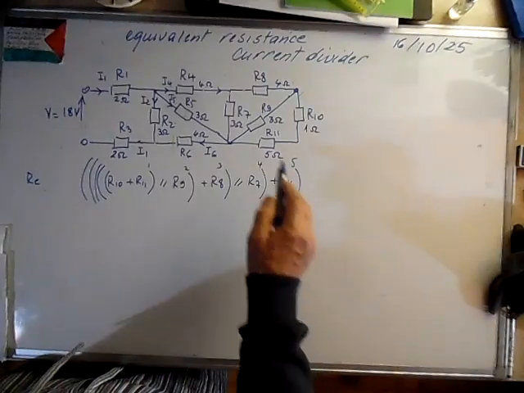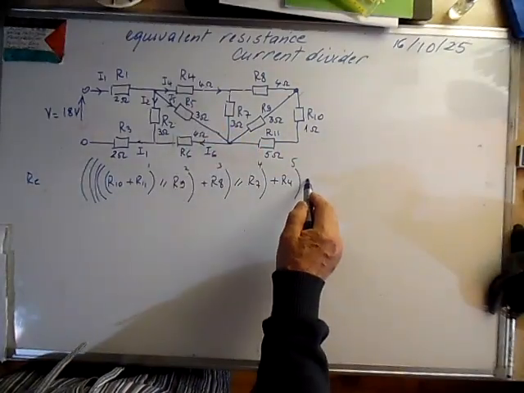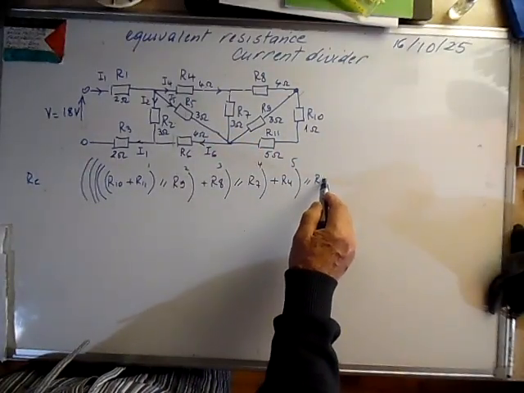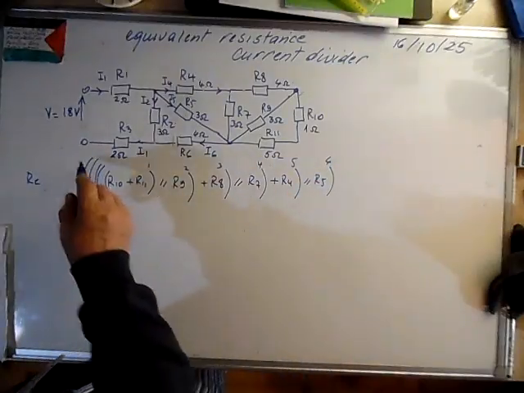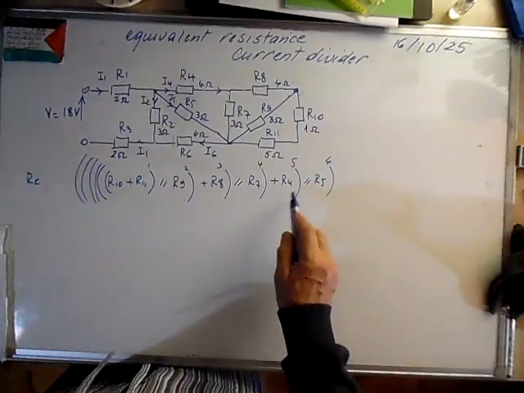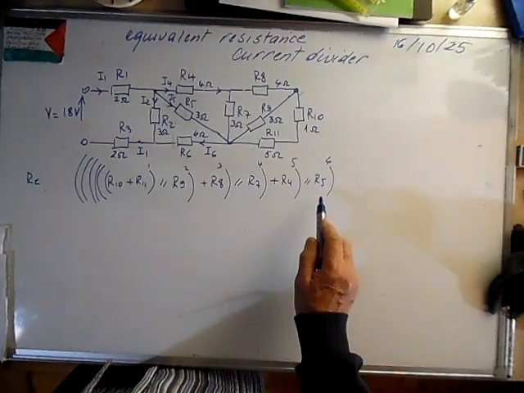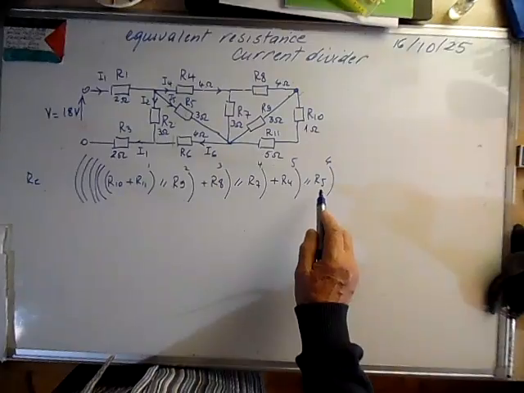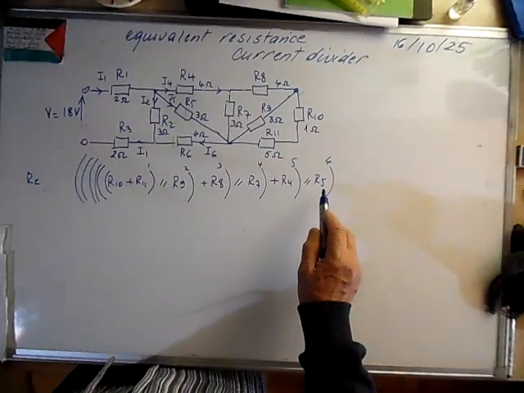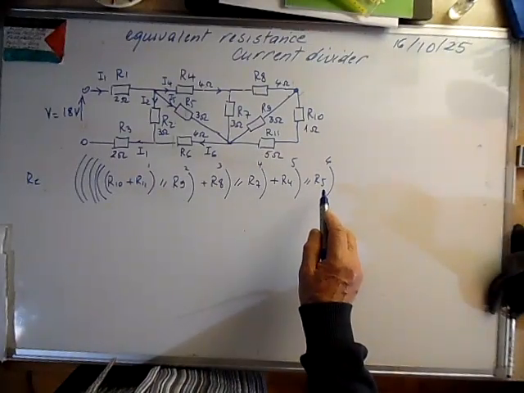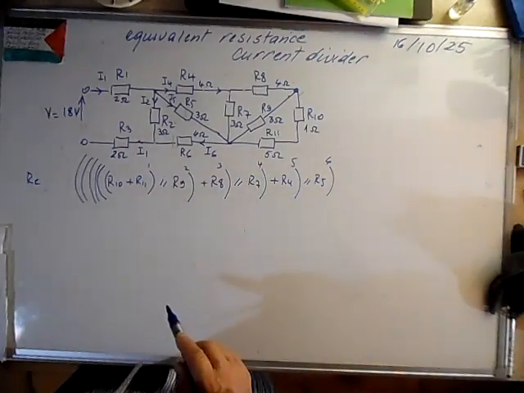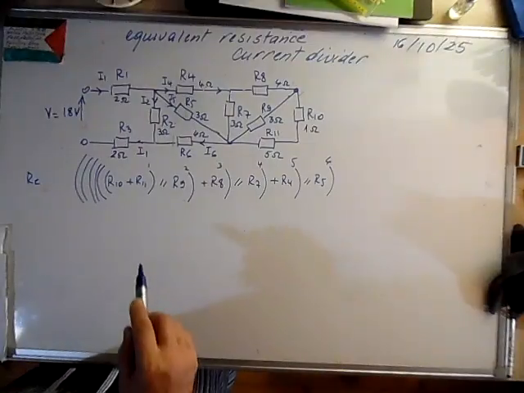Now these are in parallel with R5, and here we can also use the current divider to calculate I2 and I6, that's right.